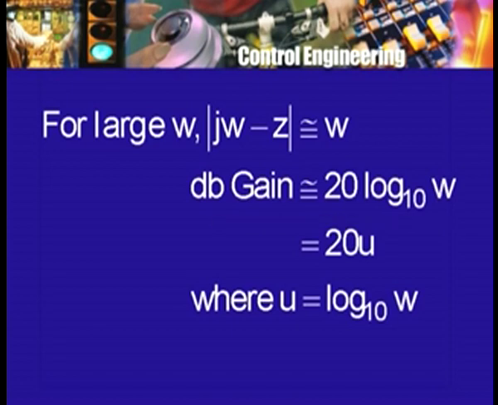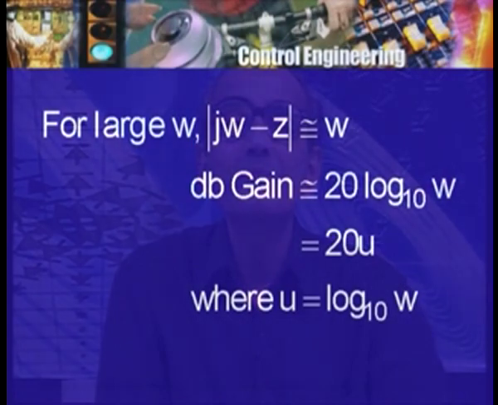And therefore, if this is plotted against log to the base 10 of omega, and I said that you can think of log to the base 10 of omega as a new variable, let us call it u, then this is simply 20u, and therefore the plot of the dB gain versus u will be a straight line. It will be a straight line passing through the origin of the u plane, or u equal to 0, and it will have a slope of 20.